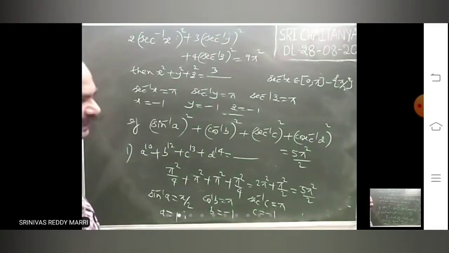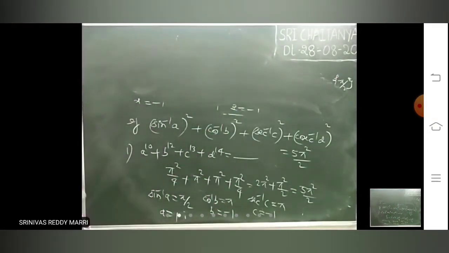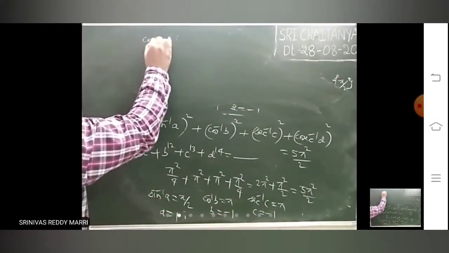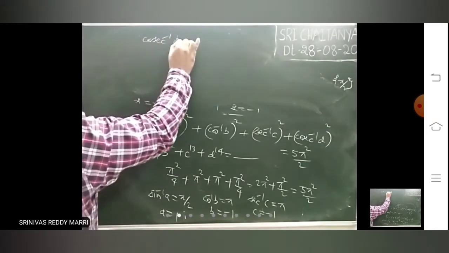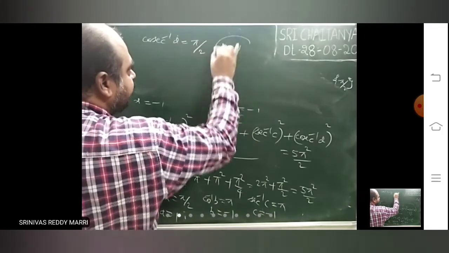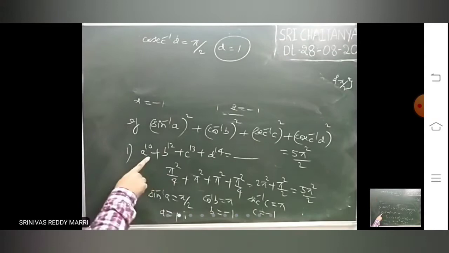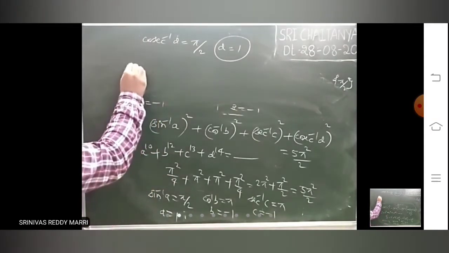Minus 1. Cosecant inverse d must be what? Pi by 2. So d must be what? Cosecant pi by 2, 1. We got these values. So what is the answer?